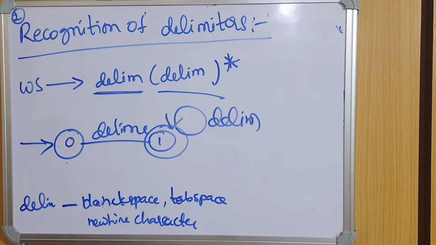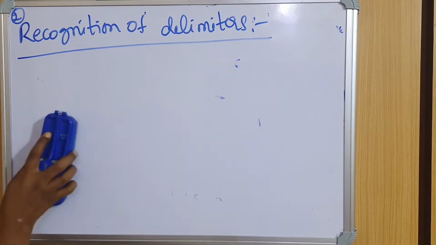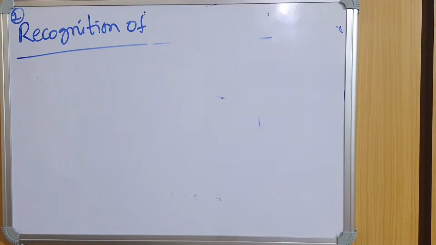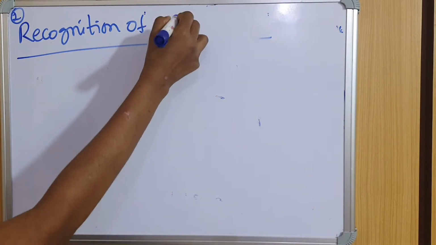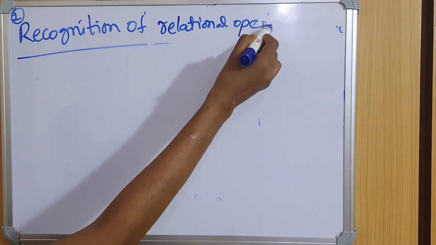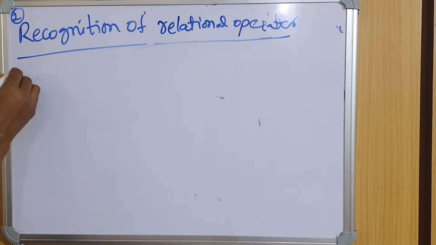Coming to the next one, recognition of relational operator. For the relational operator, what will we consider?